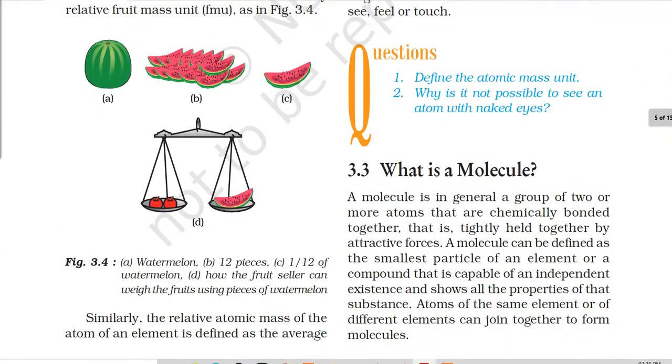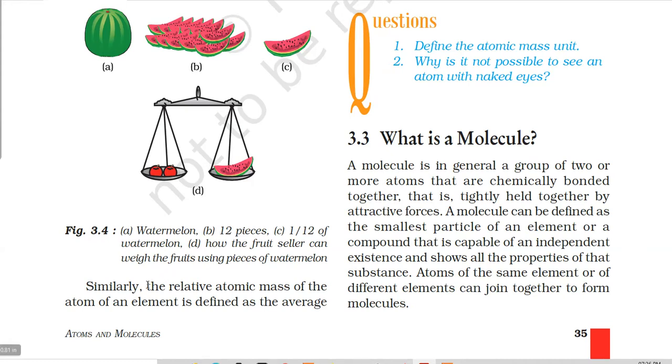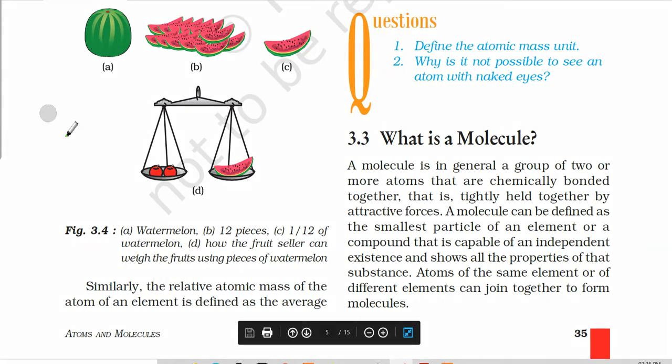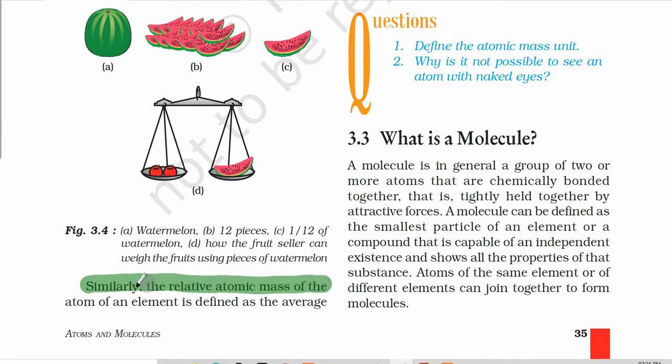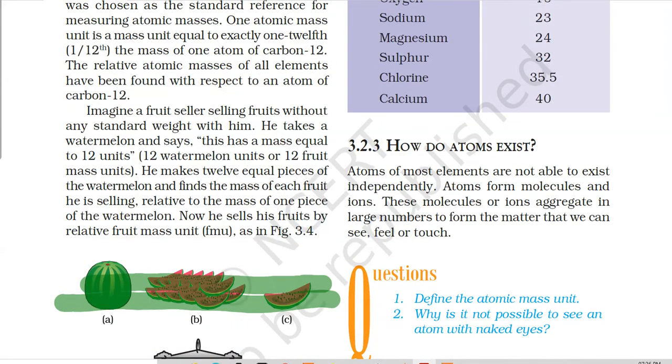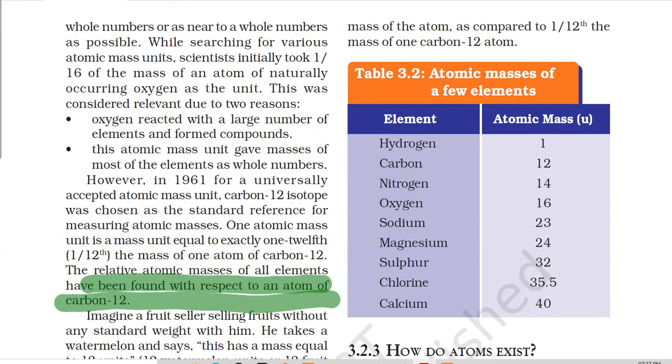Similarly, the relative atomic mass of an atom of an element is defined as the average atomic mass of the atom as compared to 1/12th of the mass of one carbon atom.